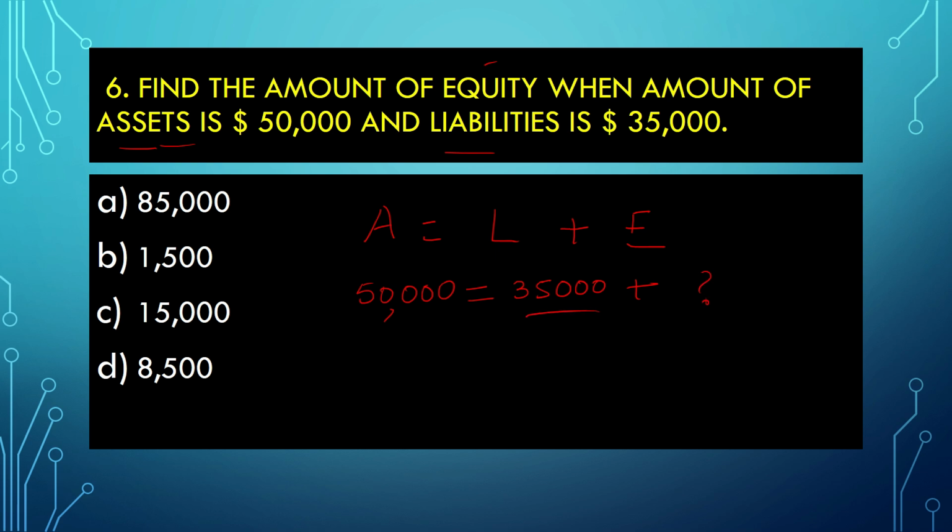If you add 15,000, the equity will be 15,000, therefore your correct option is 15,000. So in this accounting equation, out of the three, any two values can be given and the third you can easily find. For example, here liability and assets are given, and you have to find equity. It is possible that assets and equity are given and you have to find liability. In the same way you can find it by this equation.